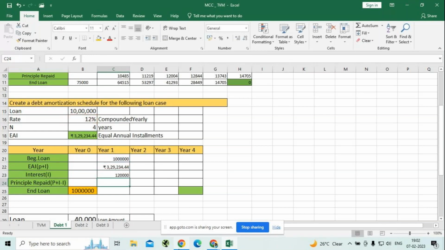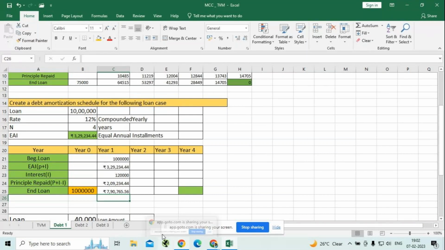It gives the same value. Then the principal repaid equals EMI minus interest amount. Finally, the end loan equals beginning loan minus principal repaid. So now you see that I've calculated only for year one.